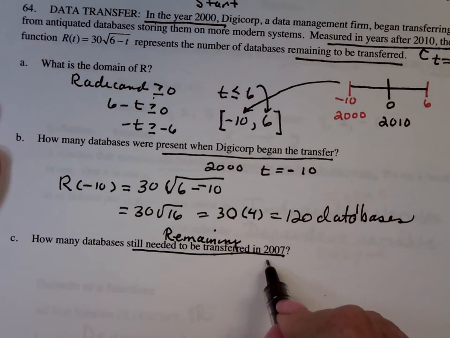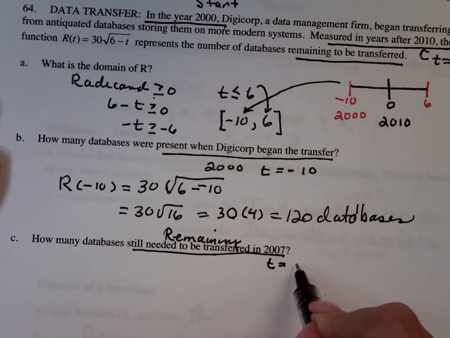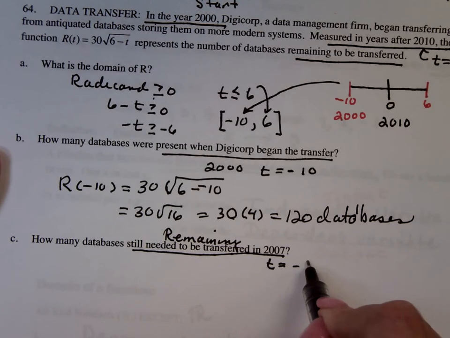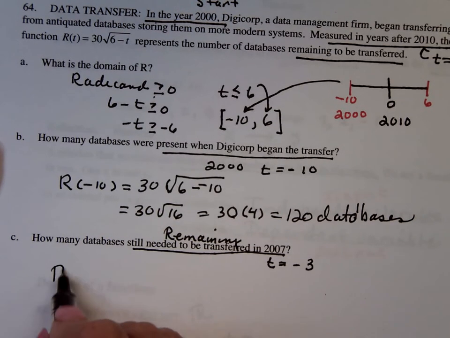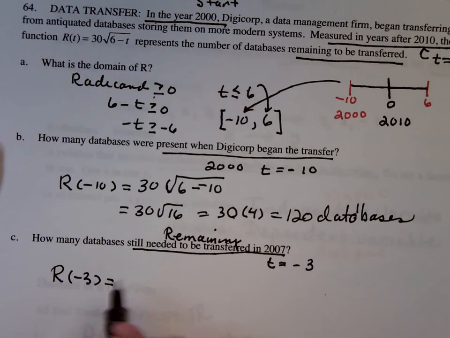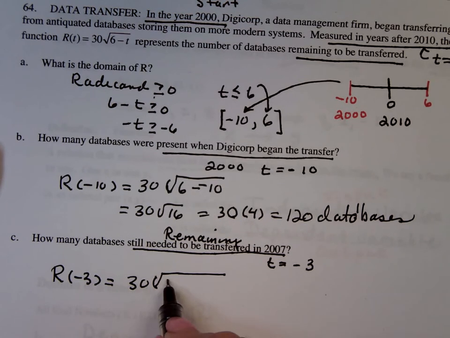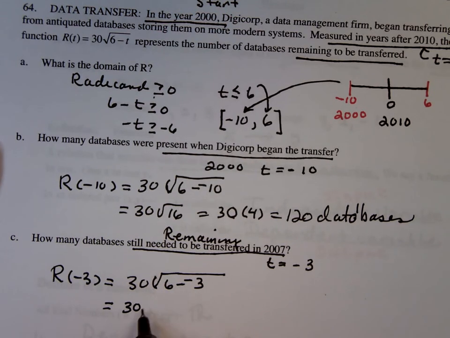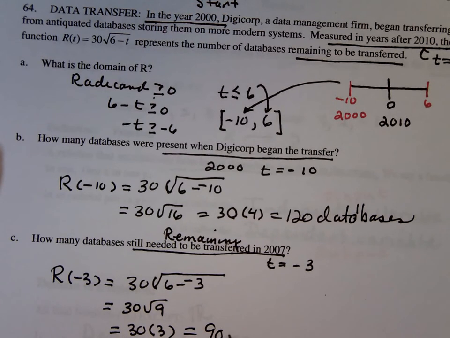In 2007. 2007 is t equal what? Negative 3. So now I want r of negative 3, which is 30 times the square root of 6 minus a minus 3. Aren't these nice problems? Look at this. 30 times the square root of 9, which is 30 times 3, or 90 databases.